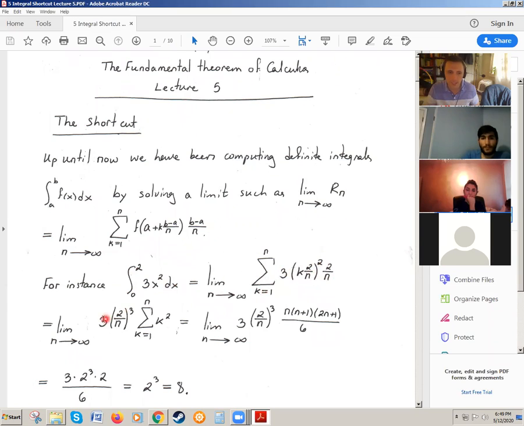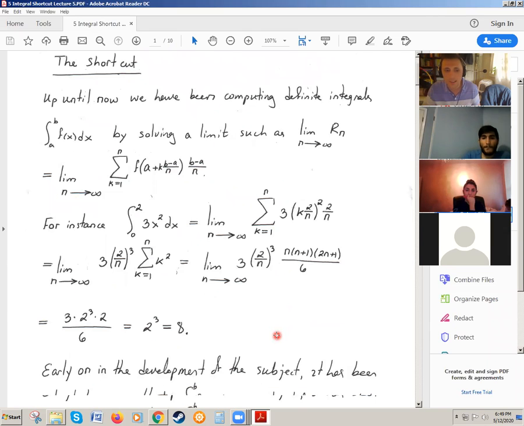I factor everything out, and the summation of k squared, I convert to its closed form n times n plus 1 times 2n plus 1 over 6, and I take this limit, right? So this limit is 3 times 2 cubed times 2 over 6. That's from early material, so I can take those limits fast, right? But I would have to go through quite a long process to get to this 8.